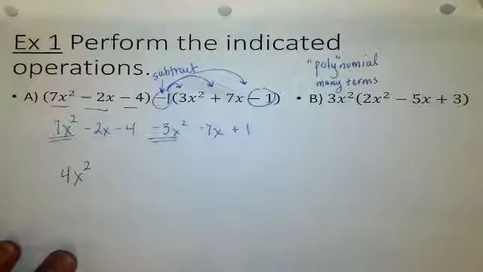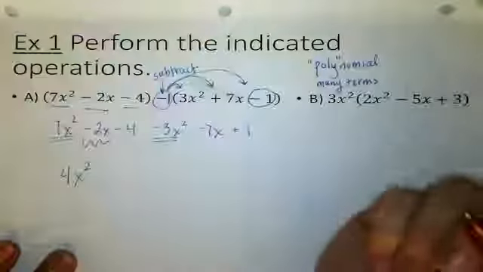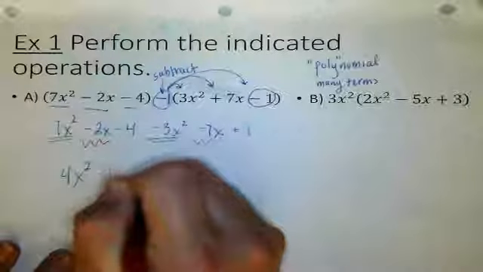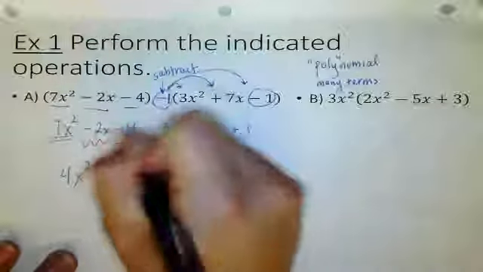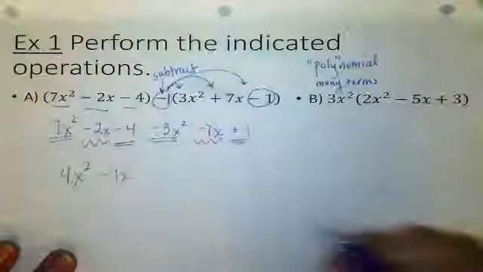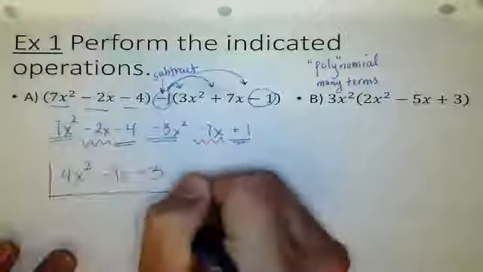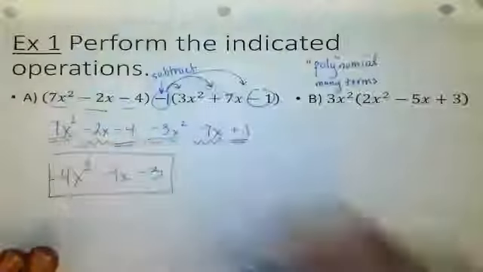Very good. And then negative 2x is friends with negative 7x, and that makes negative 9x. And then we have negative 4 and a 1, which makes negative 3. And that's a beautiful little polynomial. There's your answer. Great.